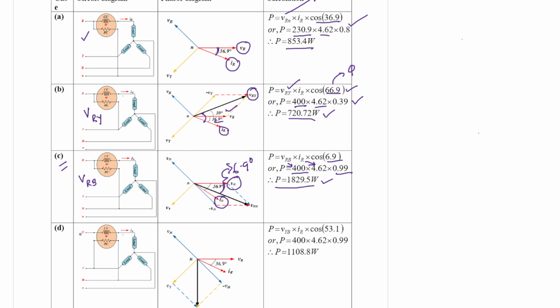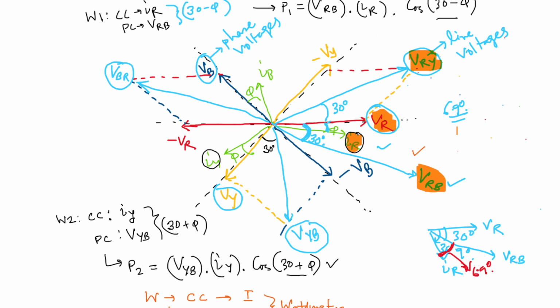And when you finally reach our last diagram, this time the pressure coil is connected across Y and B. So this time the pressure coil is measuring VYB. If you go back to the previous diagram, what is VYB? VYB is this pressure.